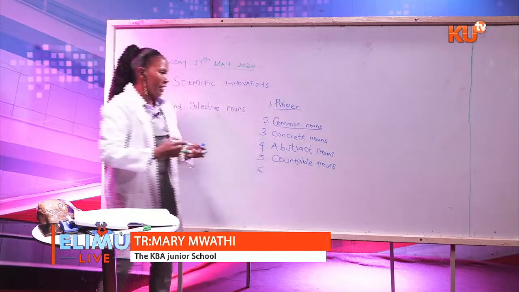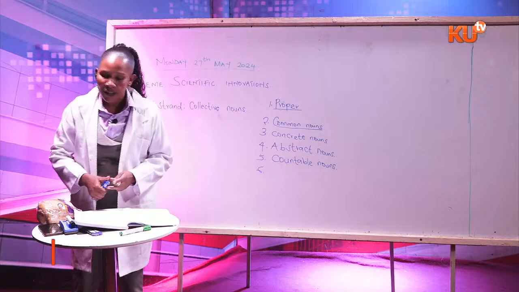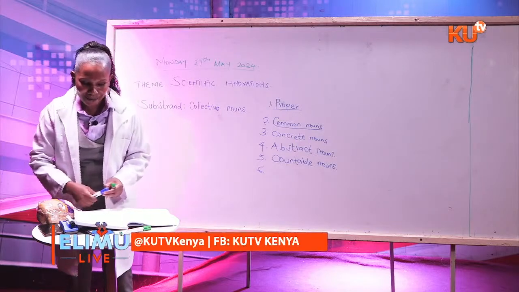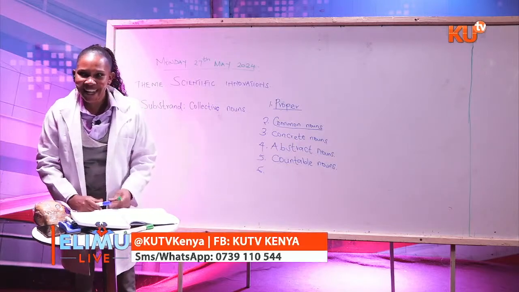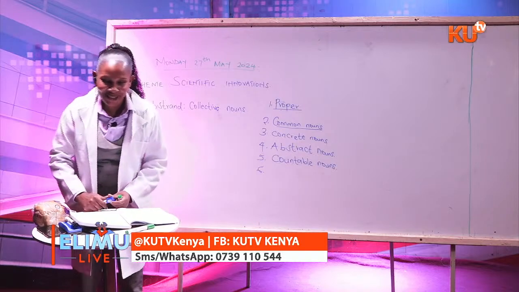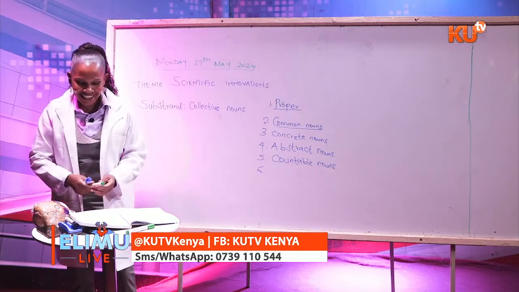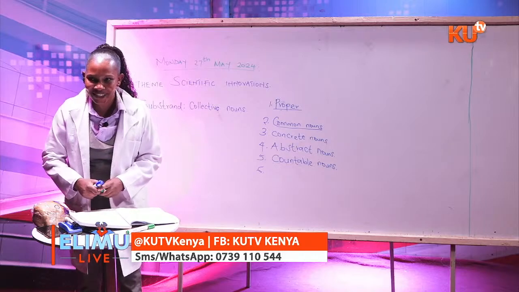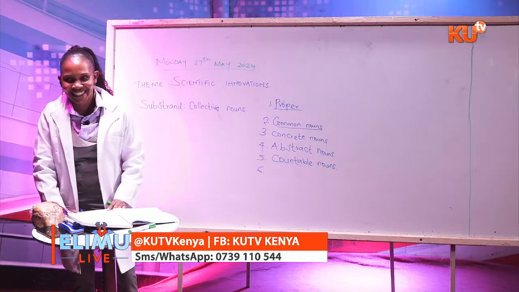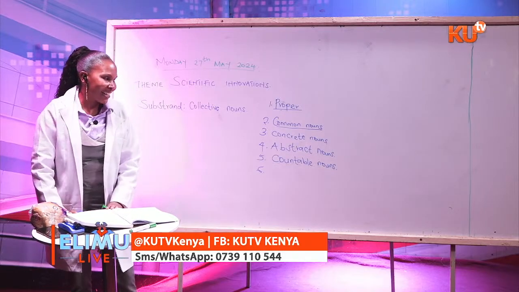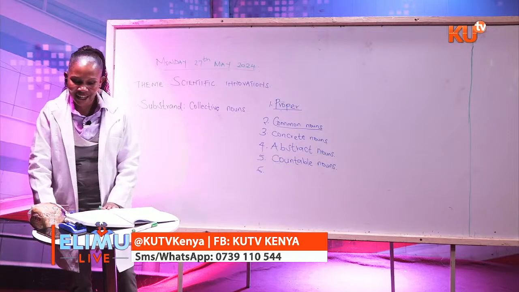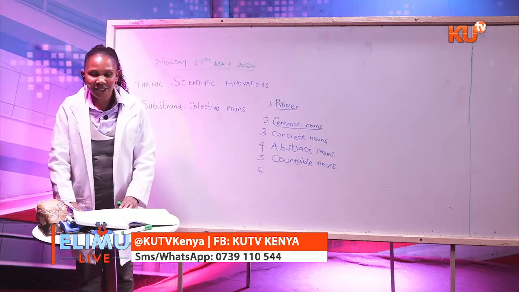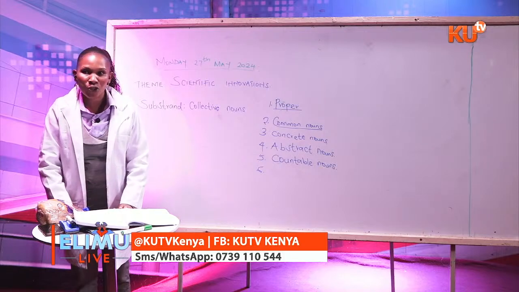We have a type of noun, number 6, we call uncountable nouns. From the word uncountable, it is something that you cannot count. We have milk. You cannot count milk. Neither can you count ink, water, millet or soil.